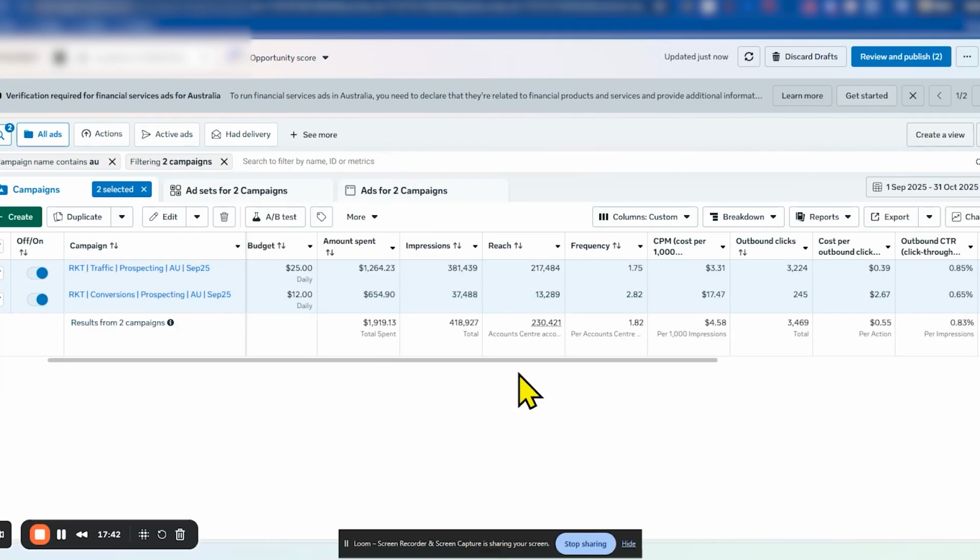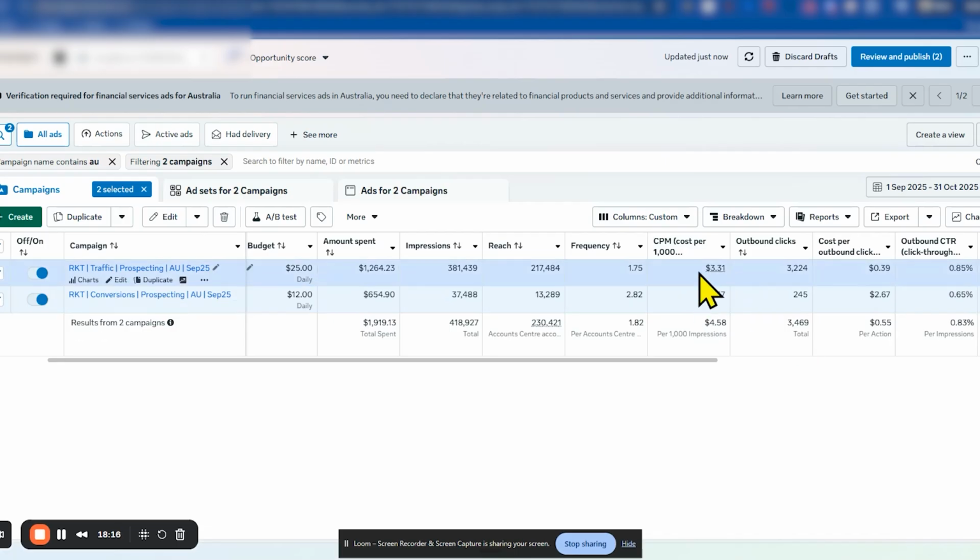My theory is that, if you know how traffic campaigns and conversion campaigns work, traffic campaigns go after people who are more at the beginning of the buying journey. They're not considered in market, and that's why the traffic is cheaper in a traffic campaign, because those people are not ready to convert today. Whereas with conversion campaigns, those people are ready to convert today. So when you start comparing CPMs, you can see CPMs here are significantly cheaper, all right?